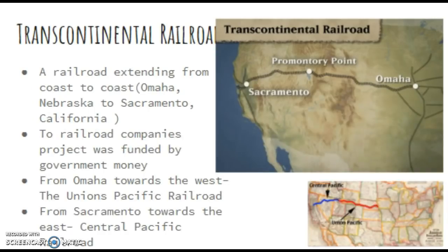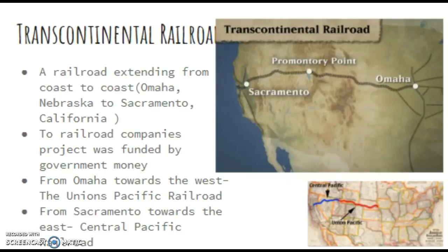Okay, the Transcontinental Railroad. This was a railroad that extended from coast to coast, Omaha, Nebraska, to Sacramento, California. Railroad companies built it, but the project was funded by government money. From Omaha towards the west was the Union Pacific Railroad, and from Sacramento towards the east was the Central Pacific Railroad.